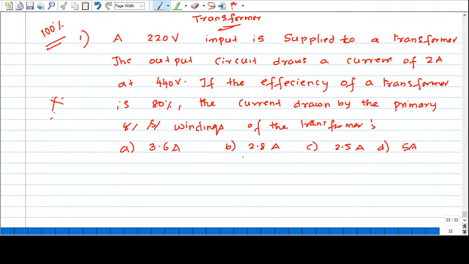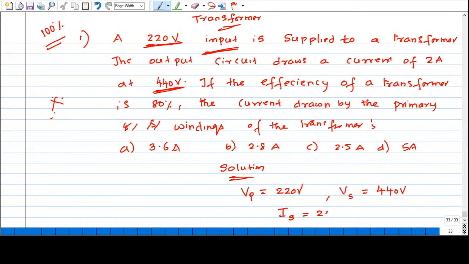So let us write what is given. Let us go for the solution. Input voltage has been given, so I can write it as Vp. It is 220 volt. The output voltage is given by Vs, which is 440 volt. Then Is is given as 2 ampere.